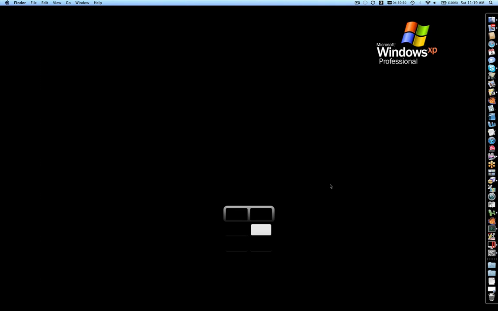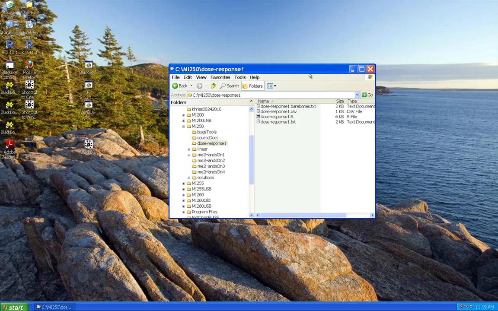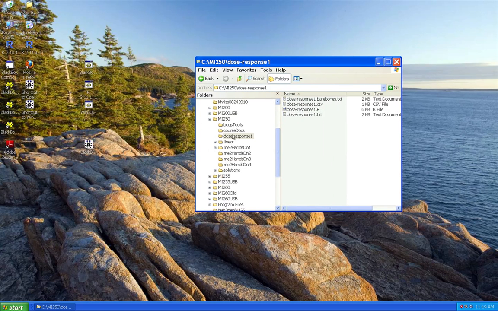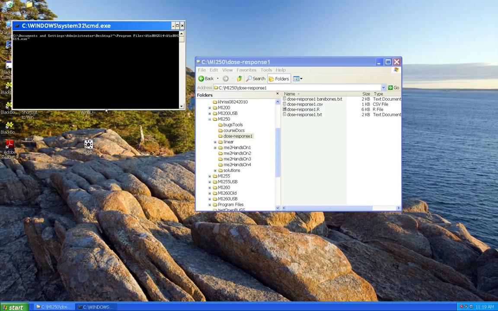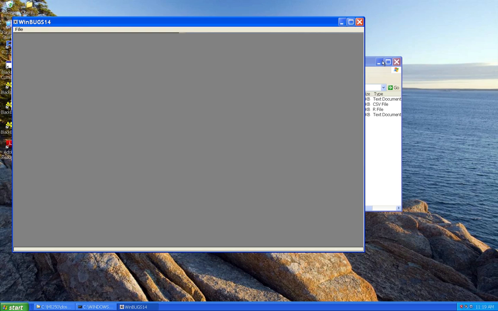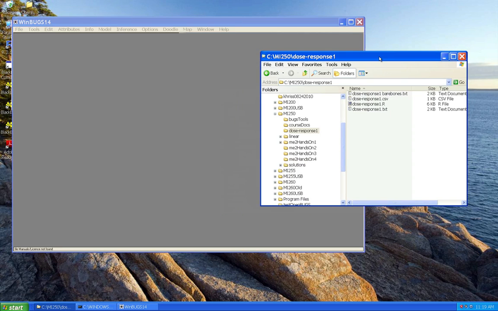Oh, I think I didn't push the right button. That would help. Okay, so again, that's going to be in this dose response 1 folder, and we've got our model in here. Let's go ahead and open it up in WinBUGS here. I can show you the pieces.